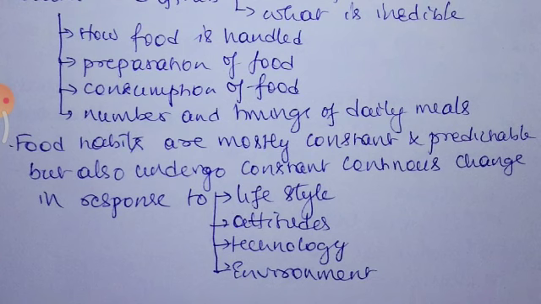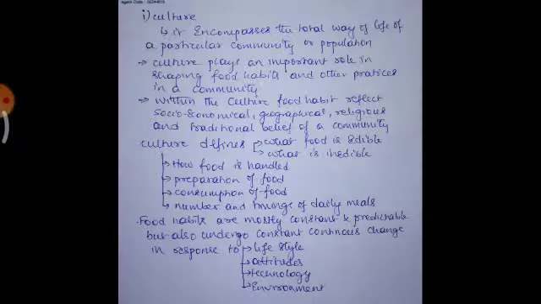If you know the population of a particular area or particular culture, you can usually guess the food habits because it is constant. Nowadays it is changing. A few factors are going to change it based on lifestyle, attitudes, technology, and environmental conditions.